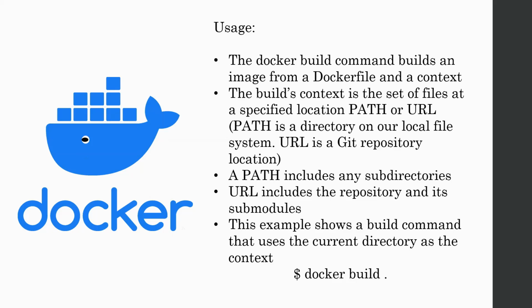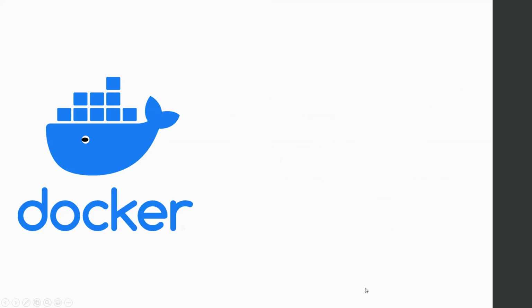A path includes any subdirectories, and a URL includes the repository and its submodules. Now, this particular command, $ docker build ., shows a build command that uses the current directory as the context. This dot points to the current directory as the context.